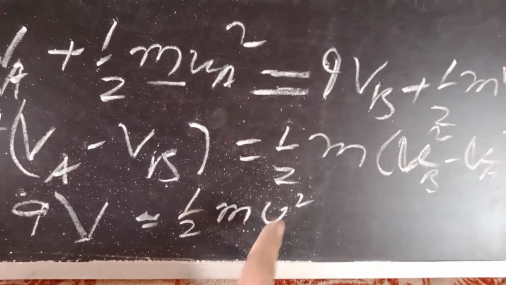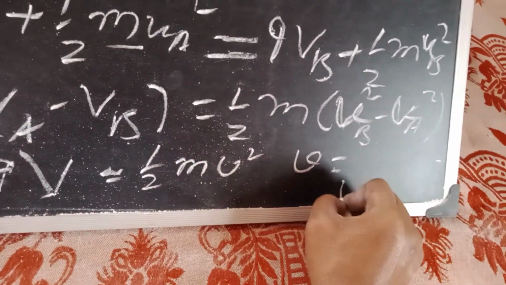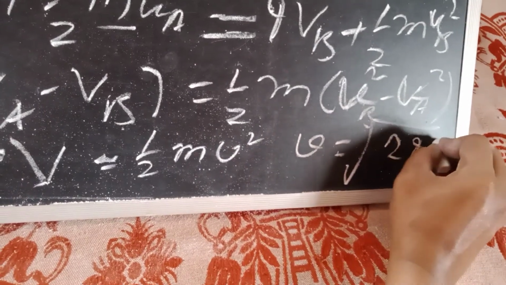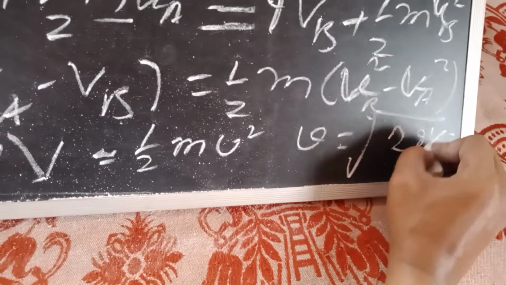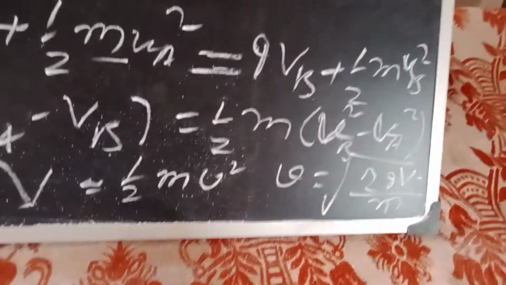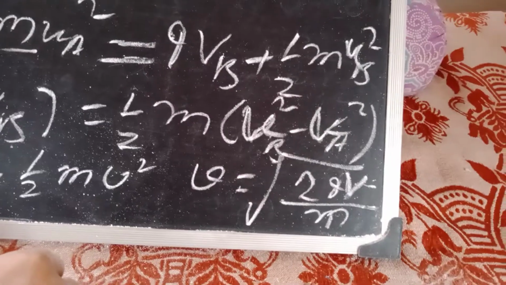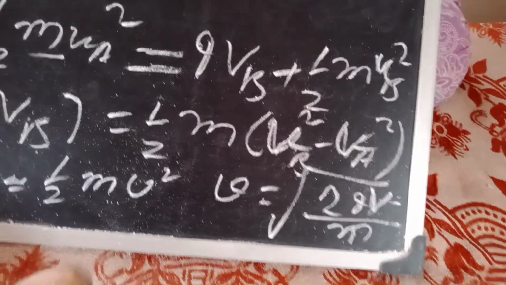So you can see that v equals root over 2QV by m. So we get the expression of velocity from the potential difference V, Q and m.